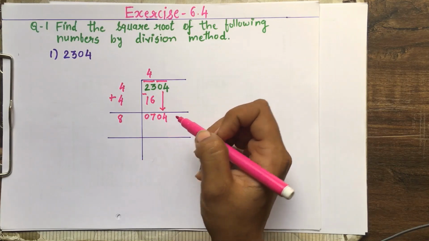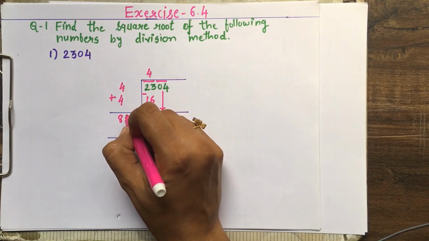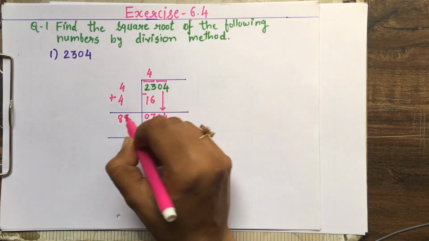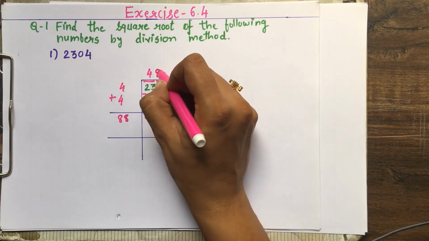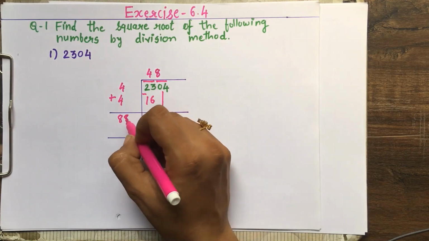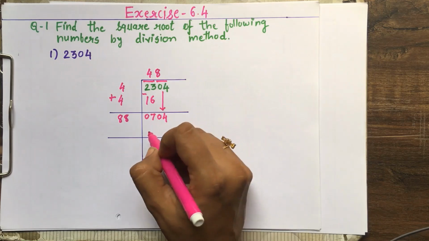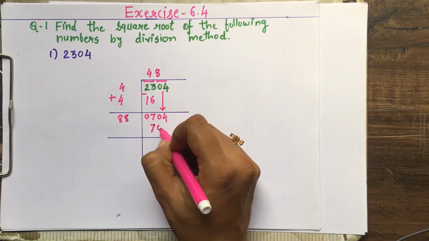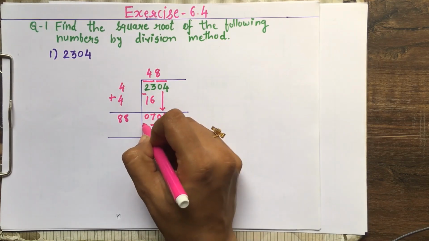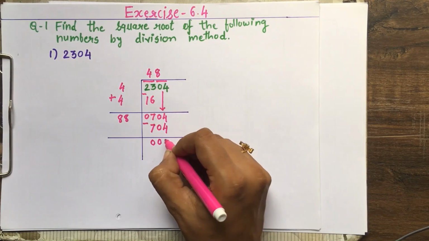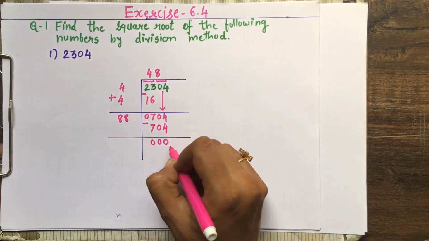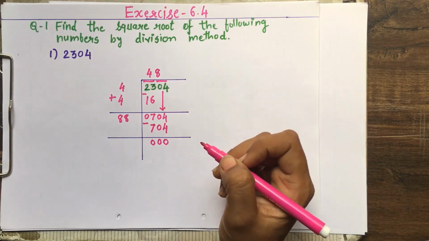So now I'll take 8 over here. Because I have written 8 over here, I have to multiply also with 8. So 88 8s are 704. So here the subtraction will be done and the remainder will be 0.